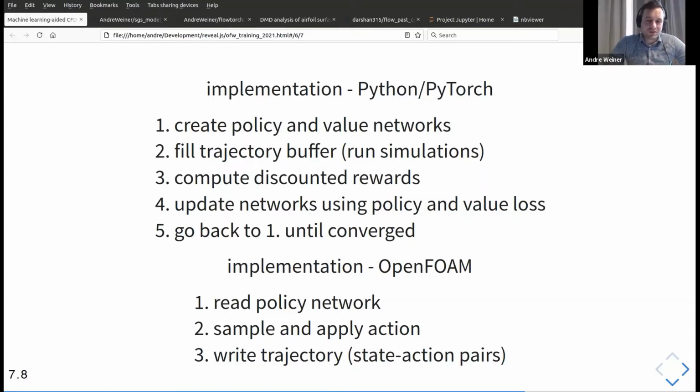I have not put the loss functions here in the slides because they are rather complicated. But if you go to the material and to the report, you can find the linked articles where this is explained in detail. It's not a simple L2 loss function or something like that.